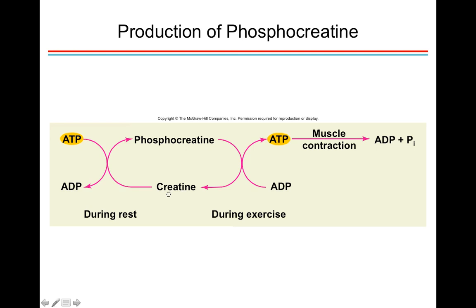It'll convert creatine to phosphocreatine. And then our skeletal muscle cells can have a store of phosphocreatine, and then during excessive or strong exercise, the phosphocreatine can donate its phosphate to ADP, creating creatine and ATP.